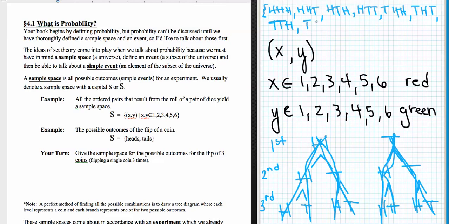And what we find is there are 8 possible simple events when we flip 3 coins simultaneously. Now this set of simple events will form the basis for finding probability later. Later on, we're going to see that we don't have to draw this tree diagram to find all of these different possible outcomes.